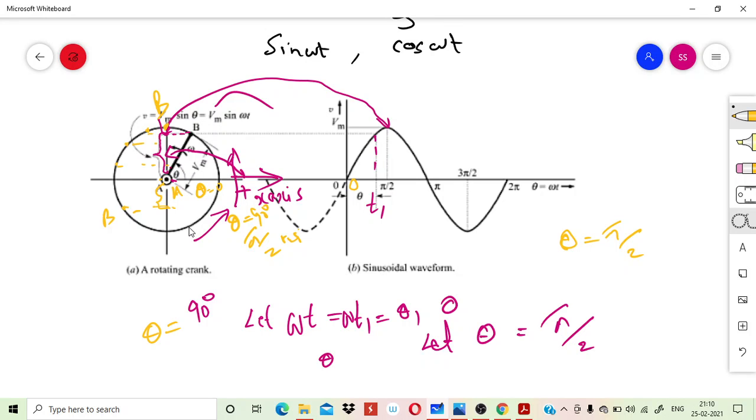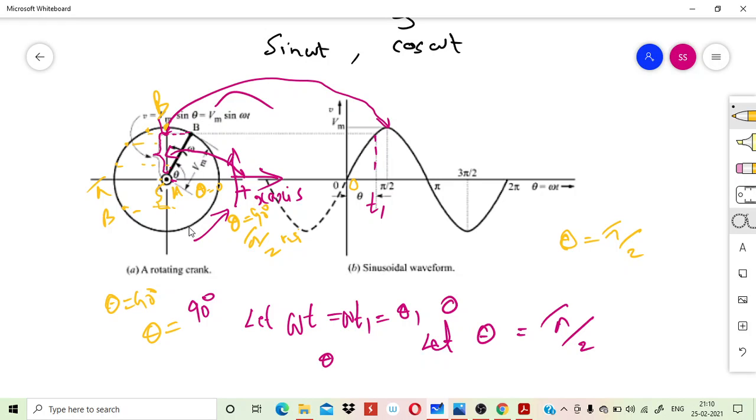Okay, yes, that is the meaning. Then the sinusoidal waveform is decreasing from Vm to 0 again. So in that angle period, the phasor will be rotating from theta equal to 90 degree to theta equal to pi.